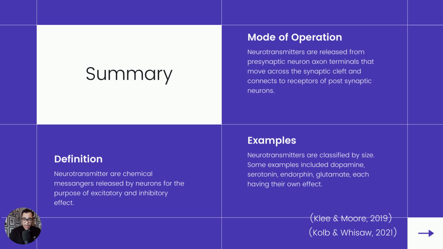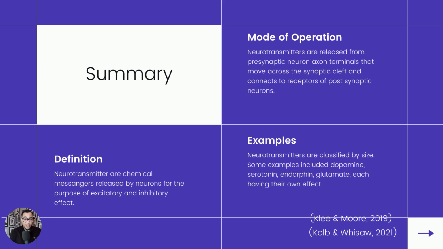So let's go ahead and summarize what we've been learning. By definition, neurotransmitters are chemical messengers released by neurons for the purpose of excitatory and/or inhibitory effects. The mode of operation is that the neurotransmitters are released from the presynaptic neuron, once again the one sending the text message, through the axon terminal, and move across the synaptic cleft and connect to the receptors on the postsynaptic neuron, which is the individual receiving the text.